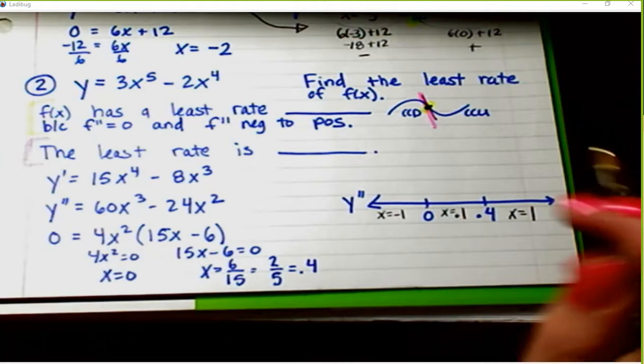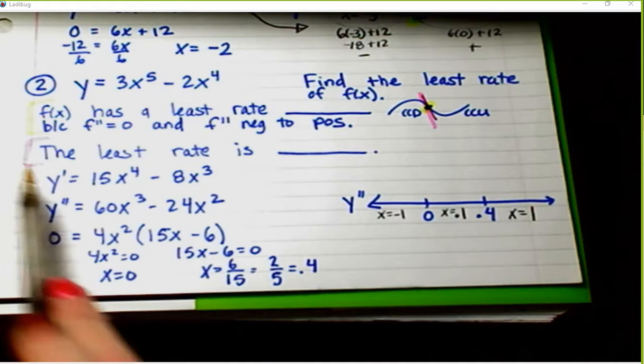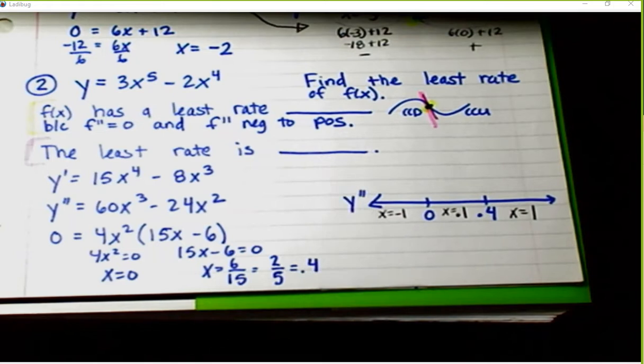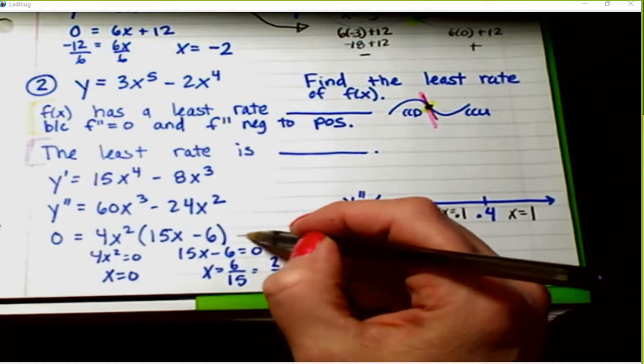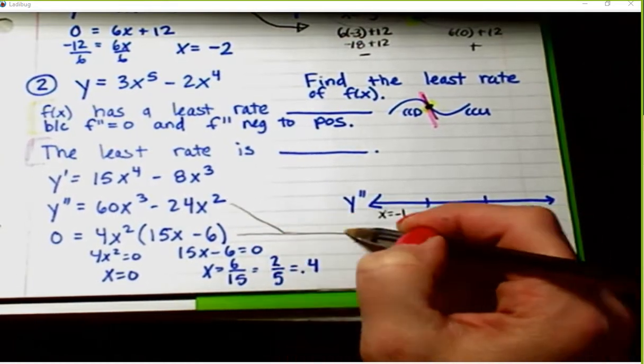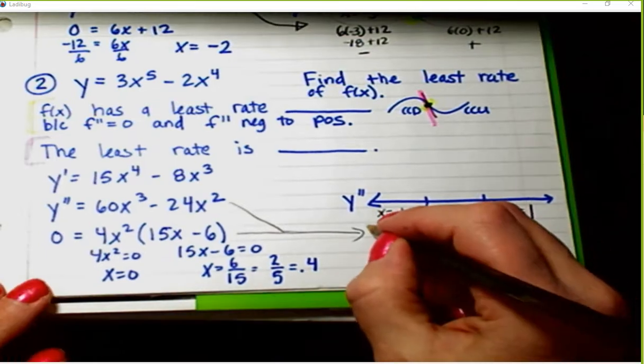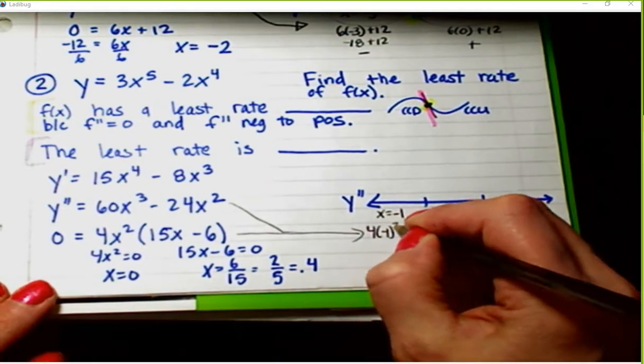Okay, so do some plugging in, see what you get, see if you can figure out what goes in this first blank, and then we'll talk about how we fill out that second blank. It might not be a really pretty number, so feel free to use some calculating. Okay, so it's a double prime, which means you're going to use the double prime to plug it in. If the number line says double prime, you plug in double prime. So if I'm plugging in -1, I like to plug it into the factored version.